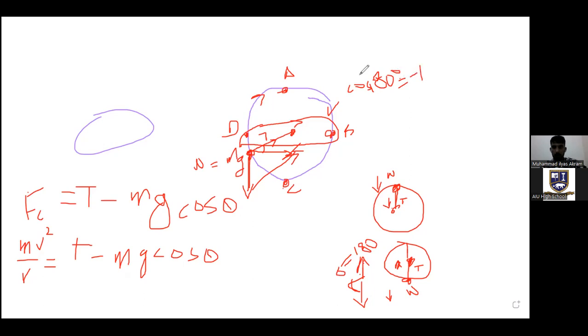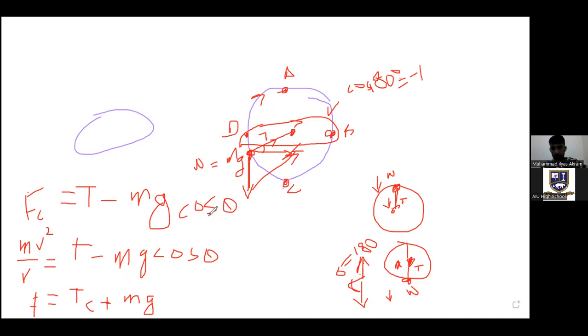And if we put cos 180 as minus 1 here, then this minus sign and this minus sign will multiply, and we get minus into the positive term. So this centripetal force will be equal to tension plus mg. So the centripetal force will be higher at that point C.